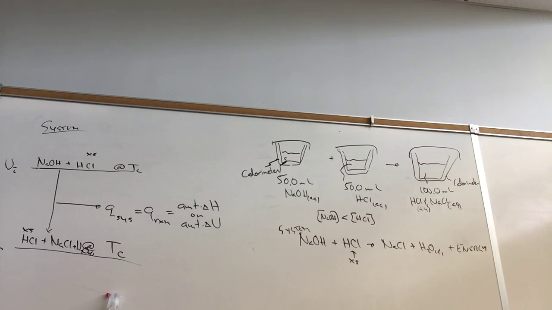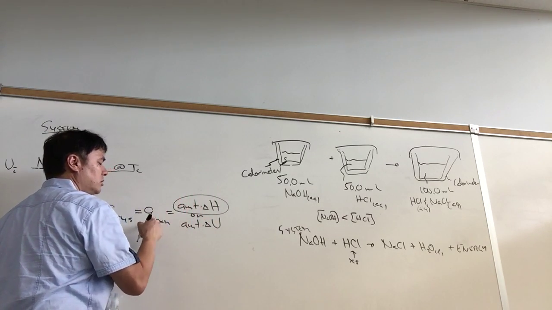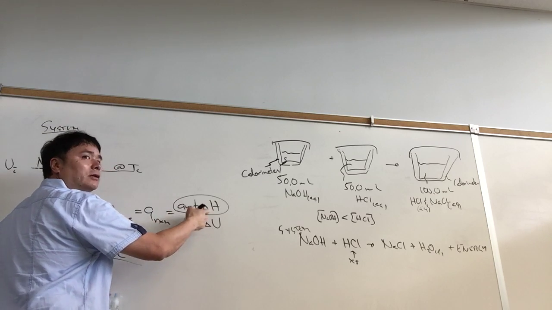We're doing this in a coffee cup. Coffee cup is constant pressure. I don't think coffee cups can withstand much pressure buildup, right? Any gas that's formed will leak out. And so in this case, we're doing it under constant pressure conditions. Q of the reaction is equal to the amount times delta H.